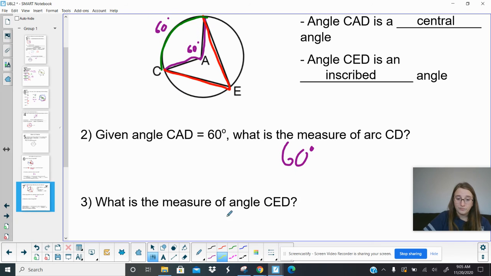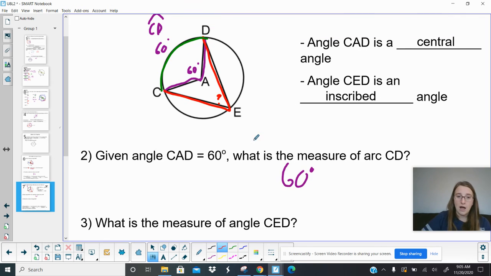Now we want to find the measure of angle CED. So once again, trace CED. I want to know what this is. This is a different relationship because this is now an inscribed angle. It opens up to 60, but this angle is not going to equal 60. It opens up to the big arc, and then it comes down to a little point.